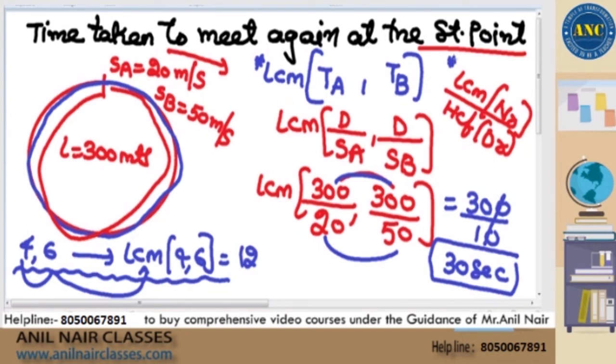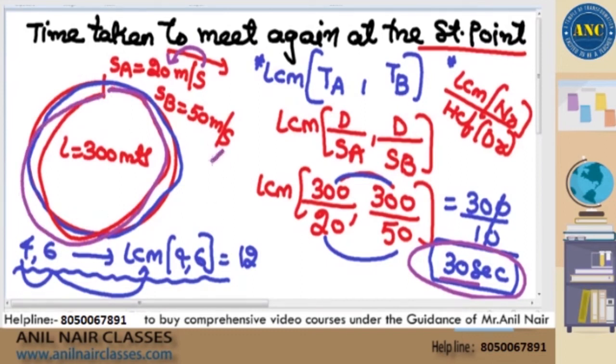I hope it is clear, right? For 30 seconds, you can cross-check whether the answer is right or wrong. In 1 second it is 20 meters, so 30 seconds means 600 meters. Total length is 300. One round is over, another round is over. A did 2 rounds.